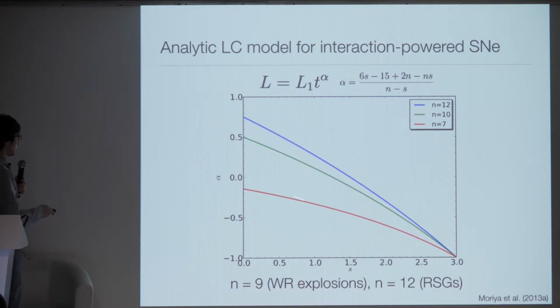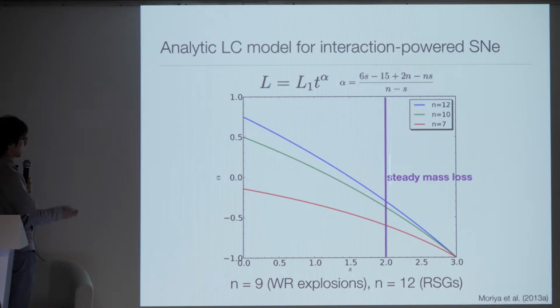And this shows the power for several different n as a function of s. And if the mass loss is steady, then we should look here. And this n was the outer density structure of the supernova ejecta, and we can get some idea from numerical simulations of explosions.